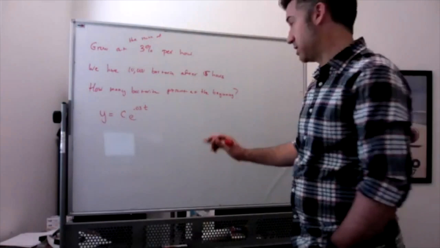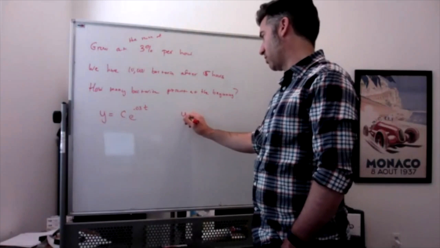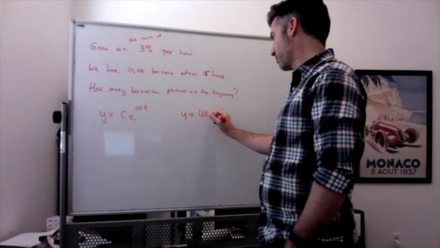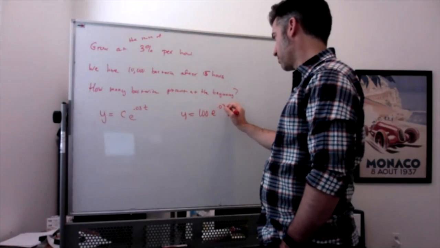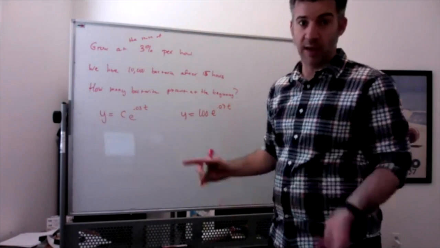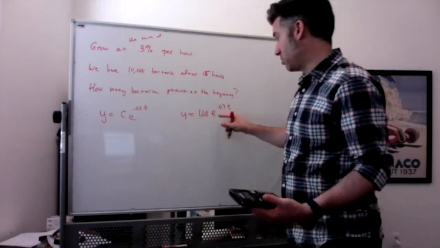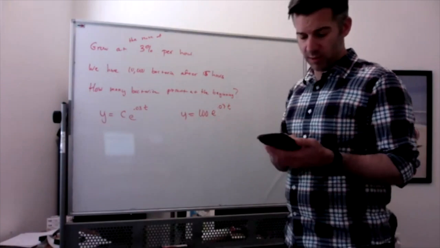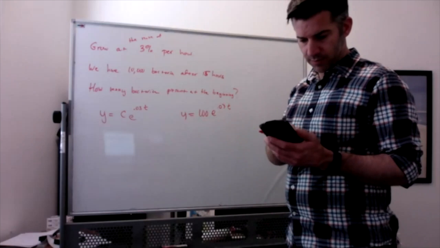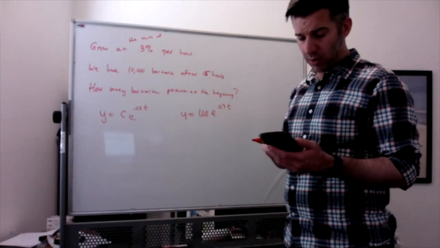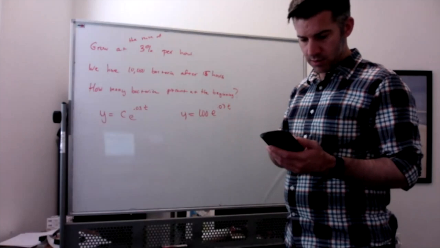Let's pretend we started with c equals, let's say we started with 100 bacteria. So at time 0, you have 100 this way. Then if you plug in t equal to 1, you get e to the 0.03 times 100, which is going to be real close.